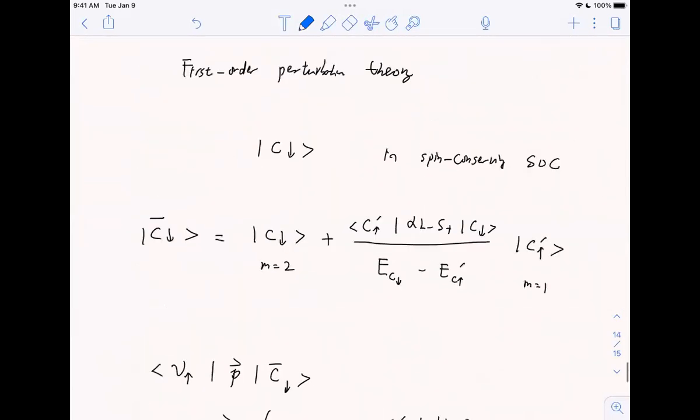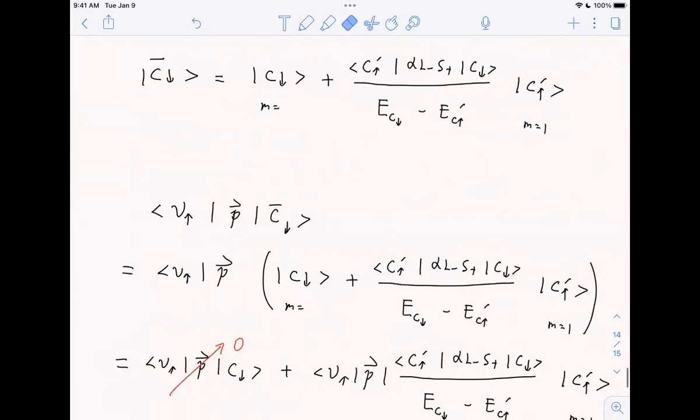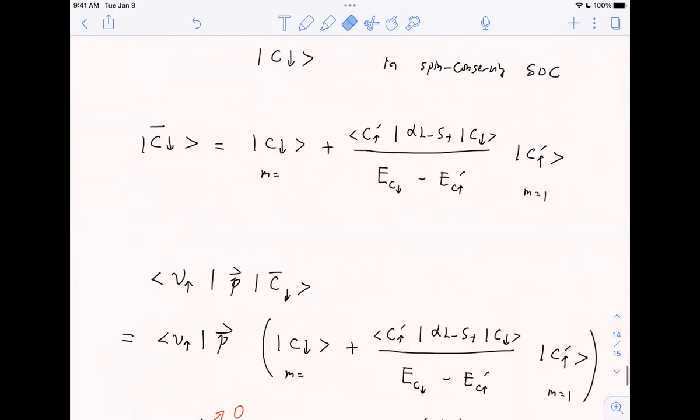Okay, so this is the conduction band. This is a conduction band, so the conduction band is 0. Okay, so I need to change. Sorry, I didn't prepare very well. So this is 0.